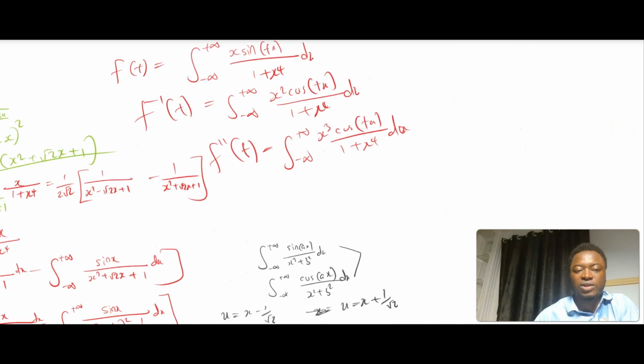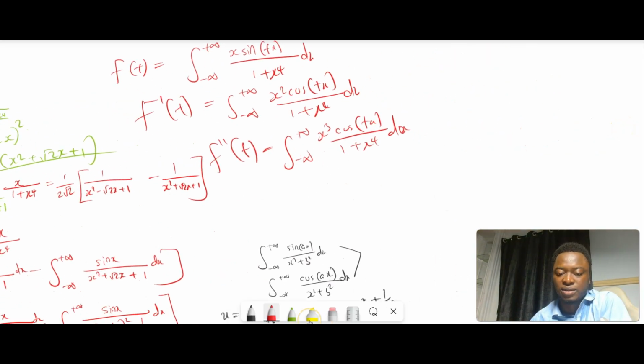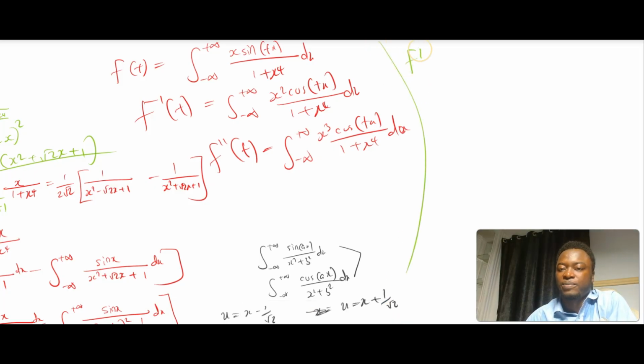And if we continue further, let's not be lazy, let's stretch our hands a bit. If we continue further, you have f triple prime of t should be the integral from negative infinity to plus infinity of x to the fourth.